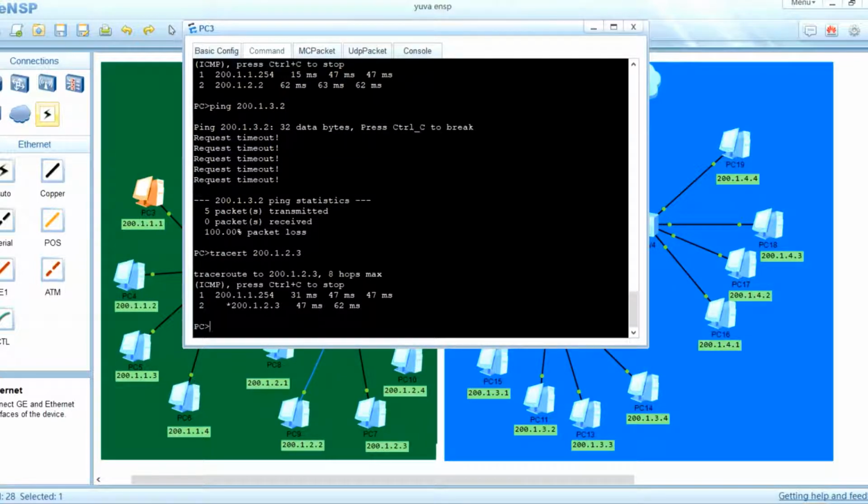And here we can see the record of time taken for each hop the packet makes during its route to the destination. Thank you, and that's all.